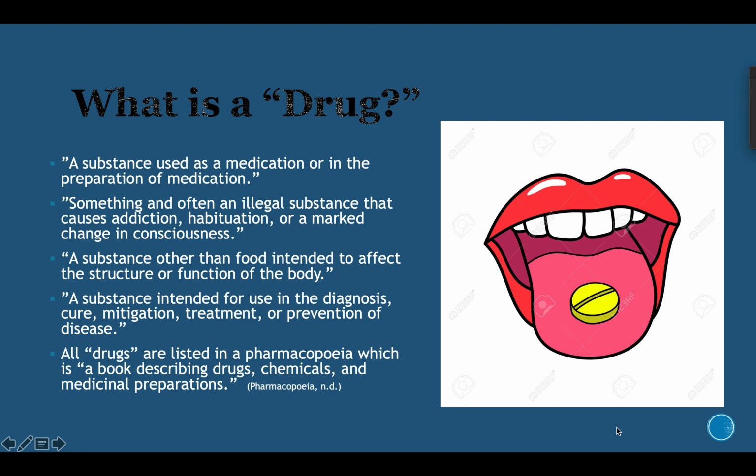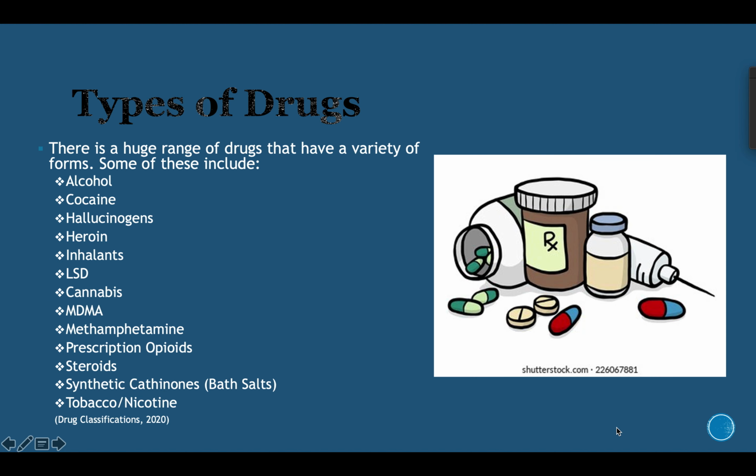A substance other than food intended to affect the structure or function of the body, a substance intended for use in the diagnosis, cure, mitigation, treatment, or prevention of disease. And then all of these drugs are listed in a pharmacopoeia, which is a book describing drugs, chemicals, and medicinal preparations. And I'm sure, especially the doctors here, have looked at this before and know what I'm talking about.